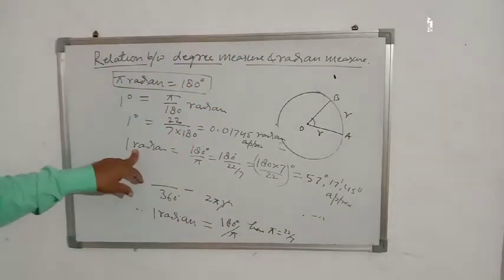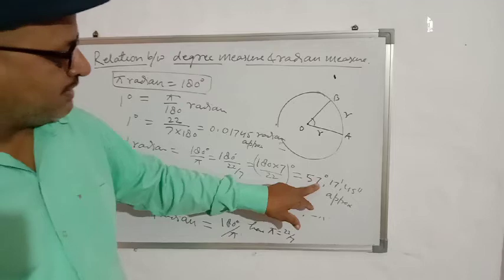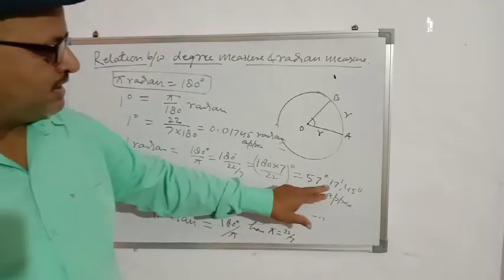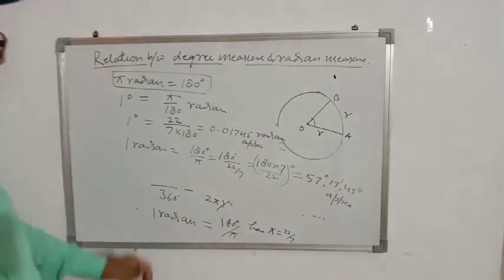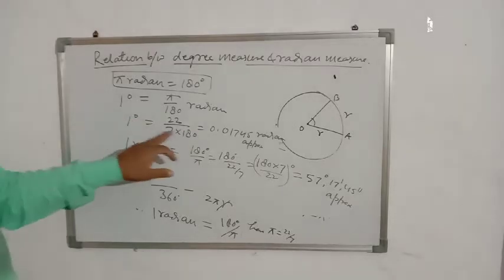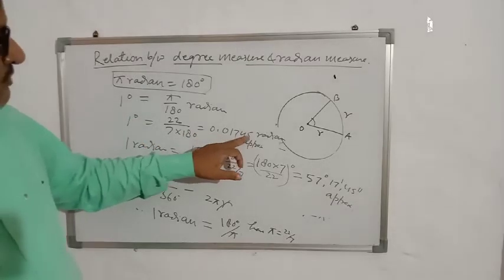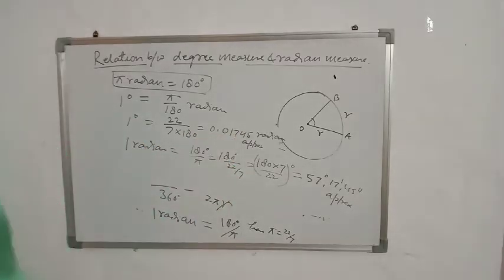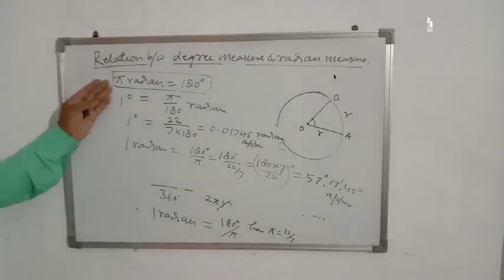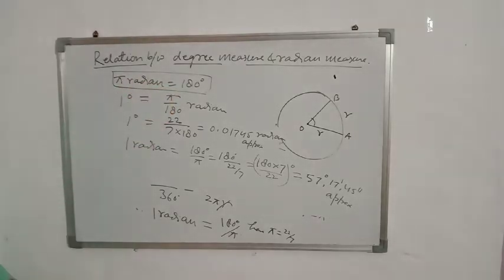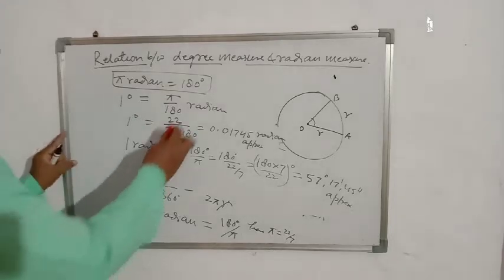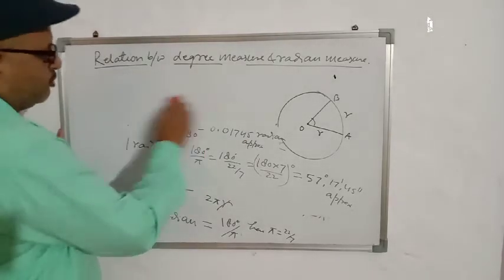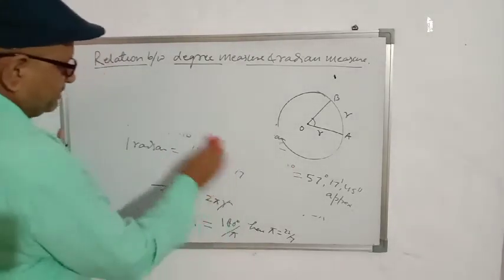So value of 1 radian in degree is approximately 57 degree, 17 minute, 45 second, and 1 degree is equal to 0.01745 radian approximately. So this is the relation between radian and the degree measure. Now next topic.